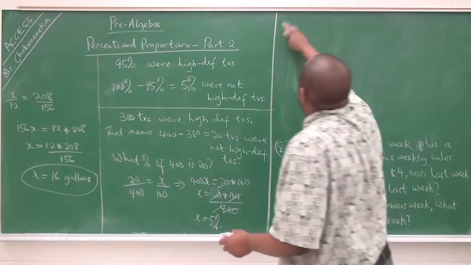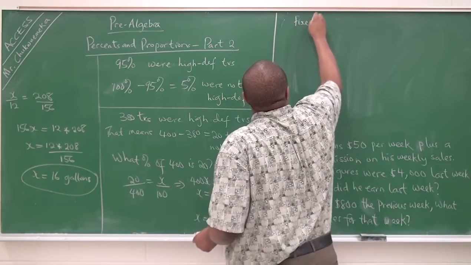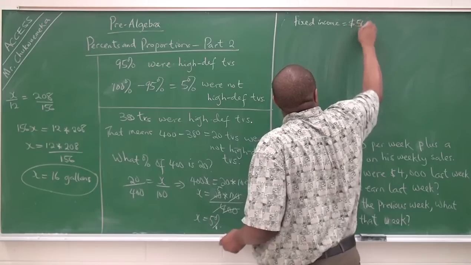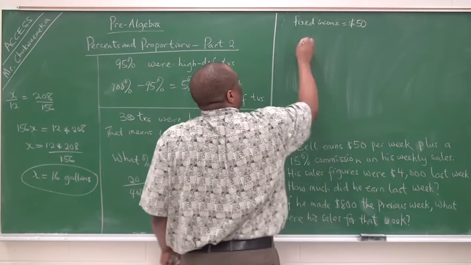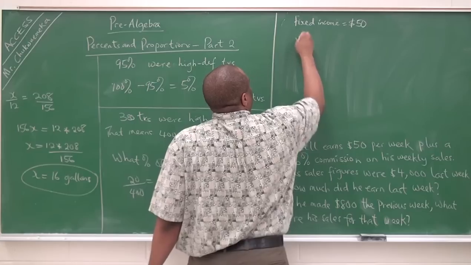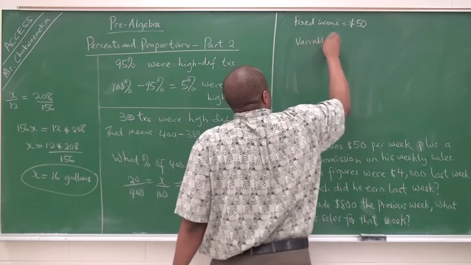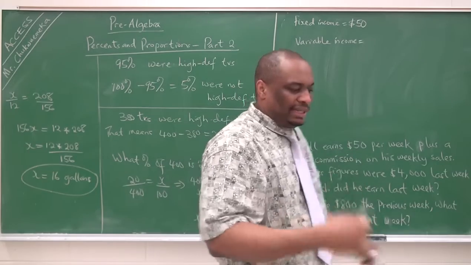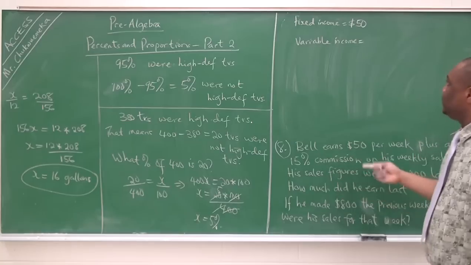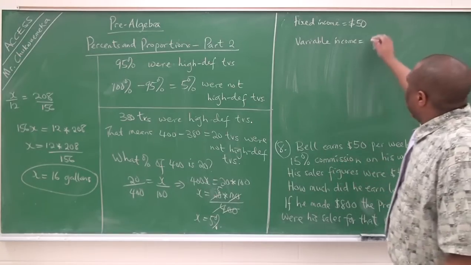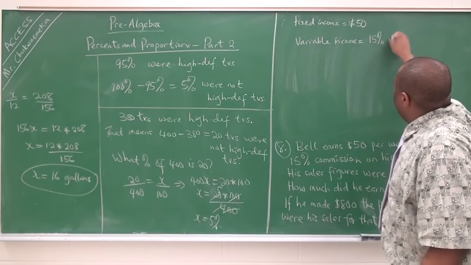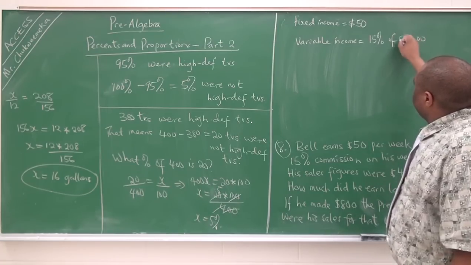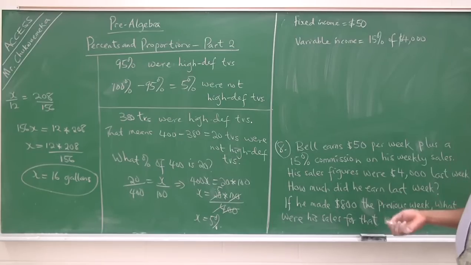So let's say now his fixed income is the $50, right? Now his variable income. You know what I mean by variable income when you do economics? It is an income that is not fixed, okay? It is based on his sales. It will be 15% of $4,000. So what is 15% of $4,000?